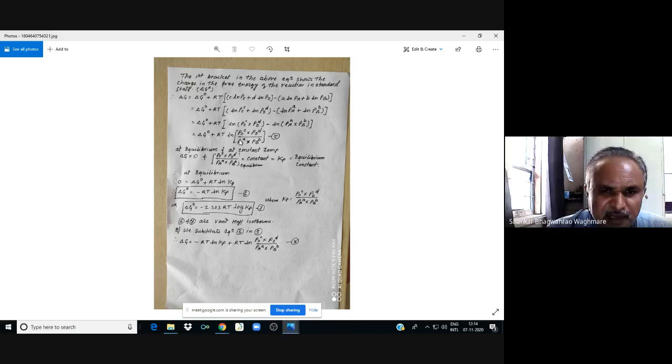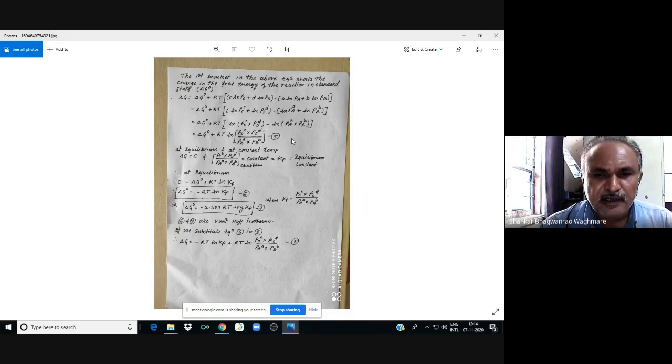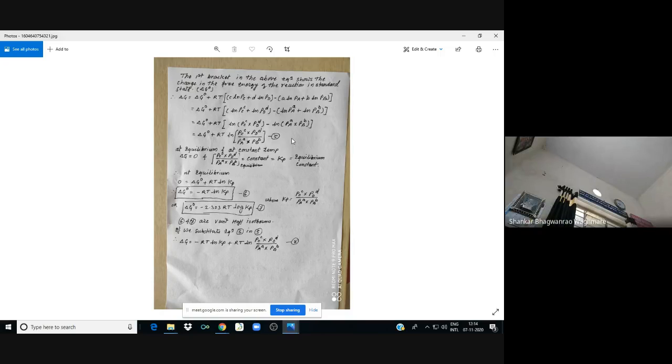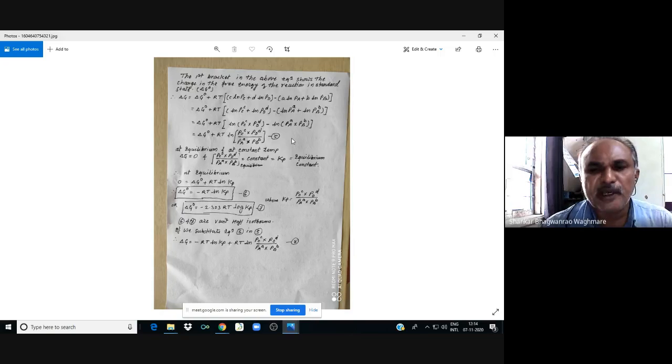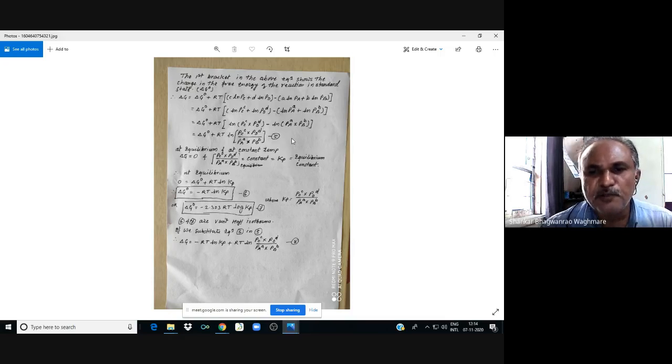And the bracket in equation 5, if we apply the equilibrium condition, then the ratio of concentration of the product to the concentration of the reactant becomes constant at equilibrium. And therefore, instead of this bracket, we can use another term, suppose Kp, where Kp is known as the equilibrium constant.